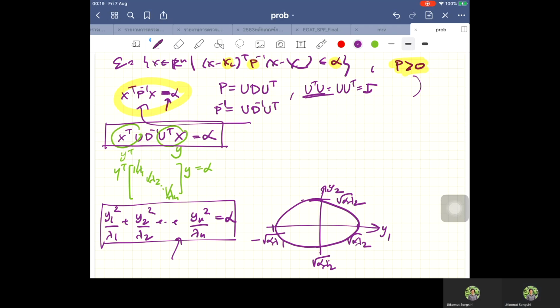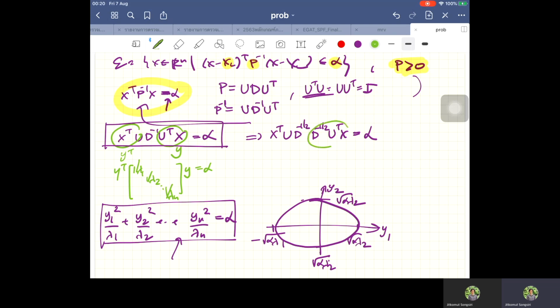Or you can look at it this way. You can also look at this parameterization. I can also write this as x transpose U D to the minus 1/2 D to the minus 1/2 U transpose x equals alpha. It's the same way we talked about in the previous lecture about diagonalization of a positive definite matrix.